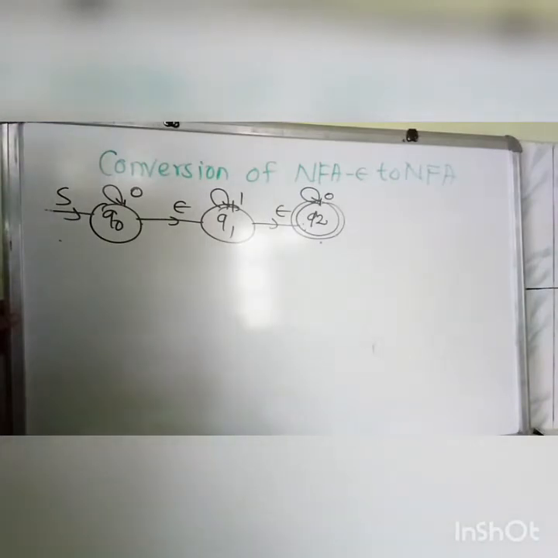As Q2 is the final state and it is in the epsilon closure of Q0, it will also be in Q1 and so on for the final states. Now we will find out the delta dash for conversion of an NFA epsilon to without epsilon, means NFA epsilon to NFA.